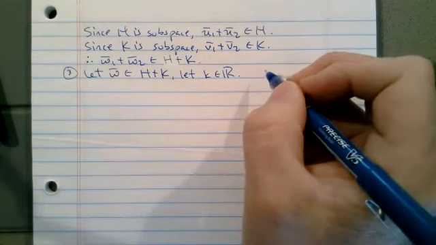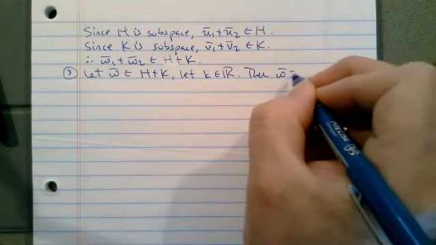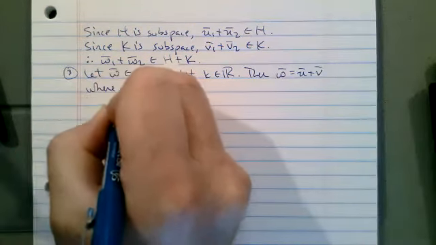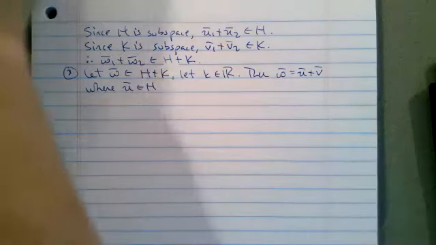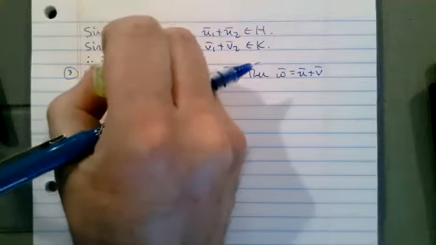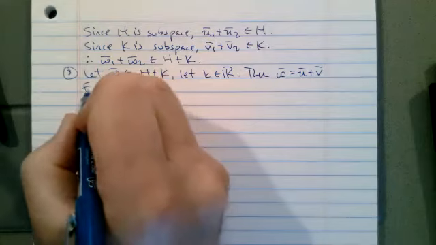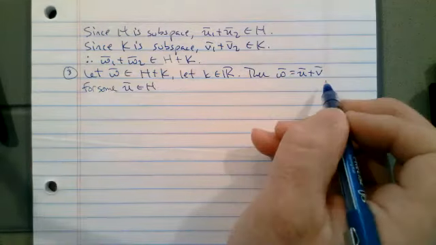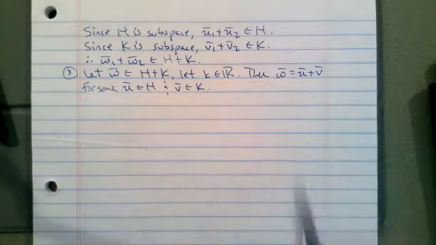Since W is in H plus K, W is U plus V for some U in H and V in K. That's what it means to be in H plus K.